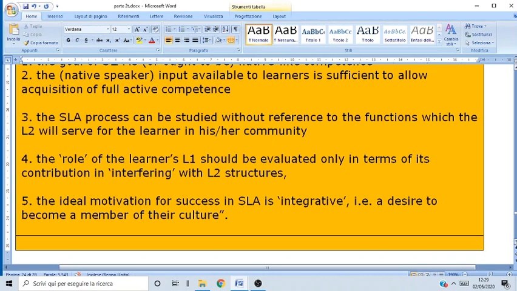Plus, these scholars don't look at the different functions that English is used for in the outer circle.